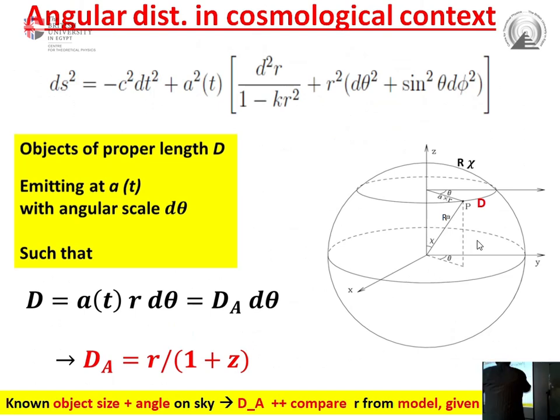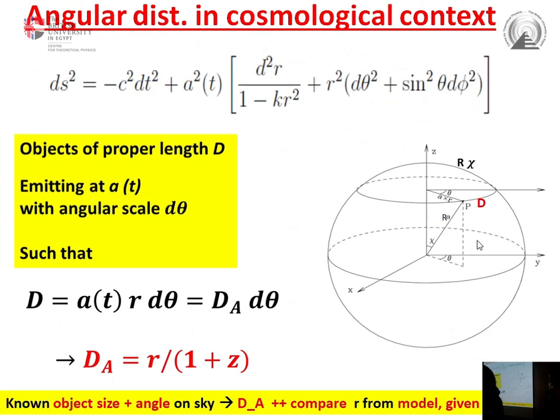So, simply, I have an angle in the sky, and I somehow know that this galaxy is this size. I can see it at a much smaller angular size than one nearby or one in the middle.